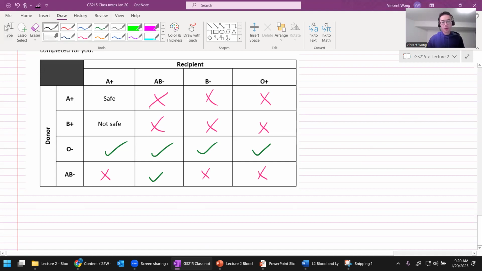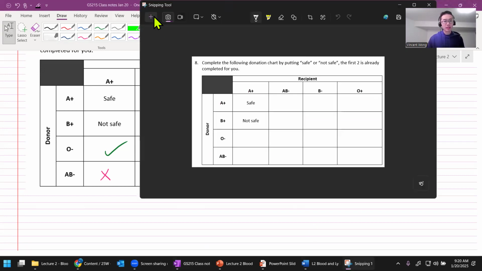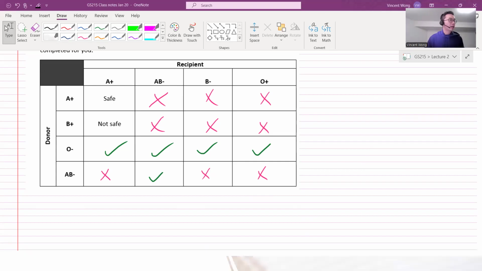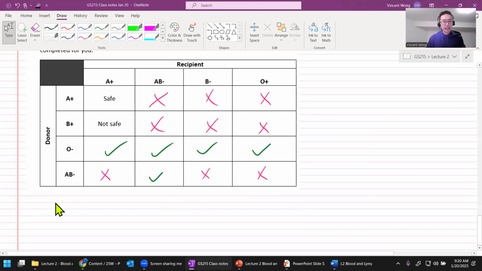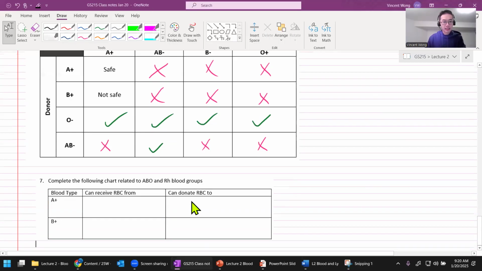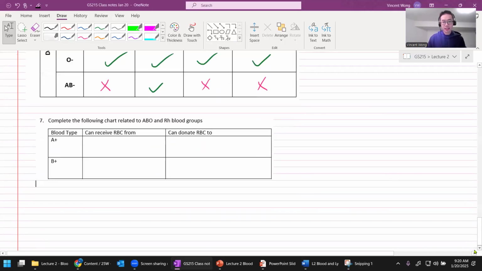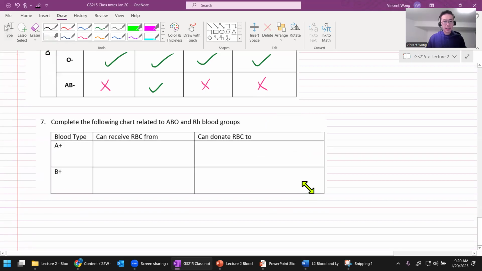Let's just do another question here from the study guide. All right, there we go. This is number 7. I'm just going to change this to B negative, just to mix it up a little bit.